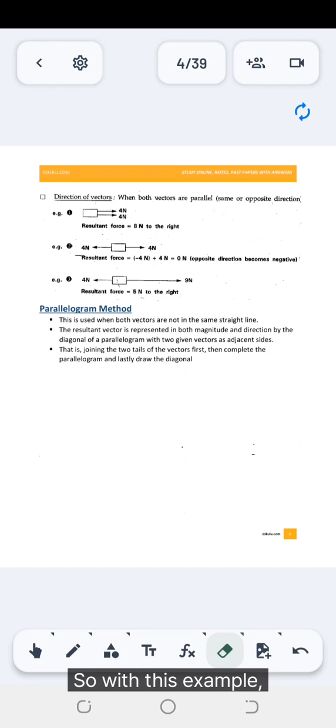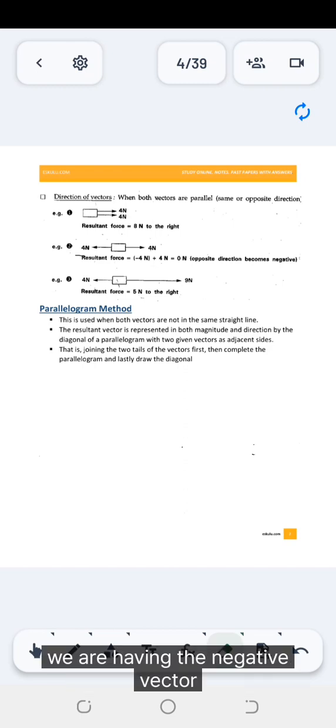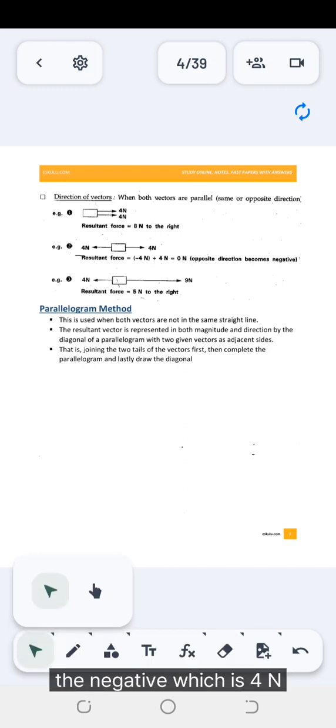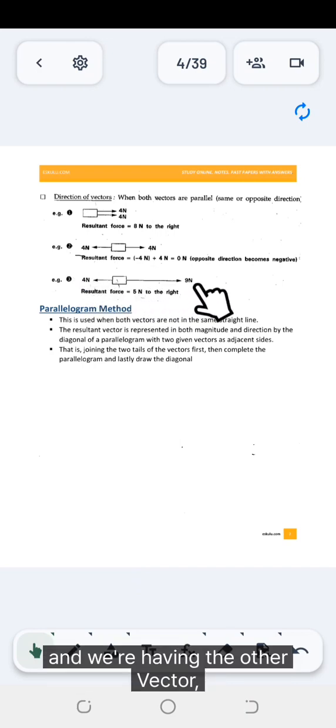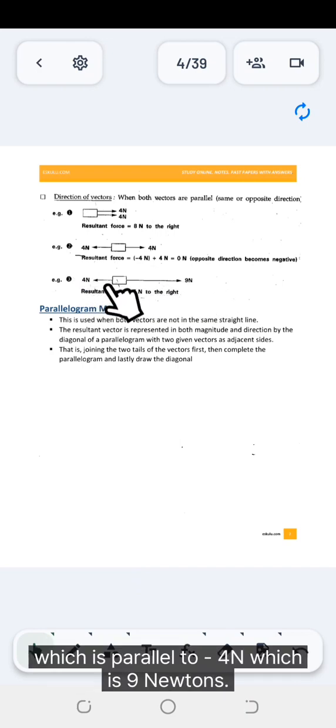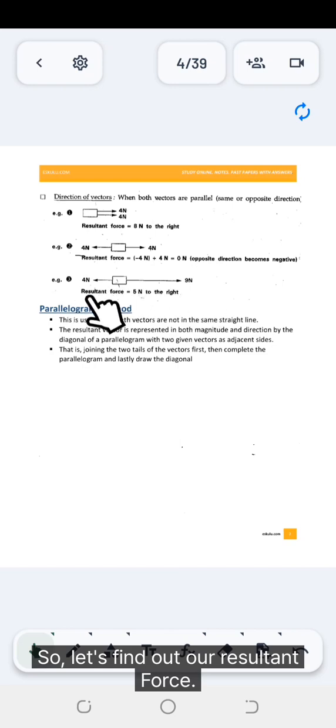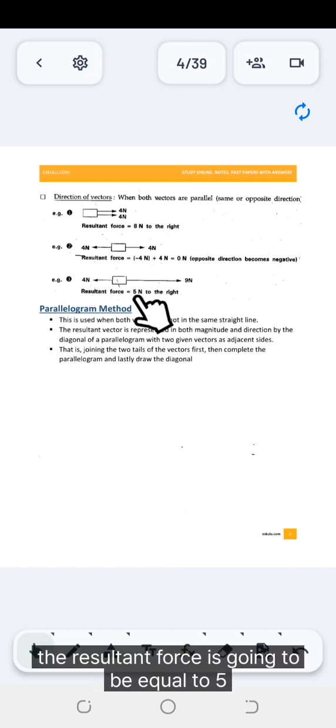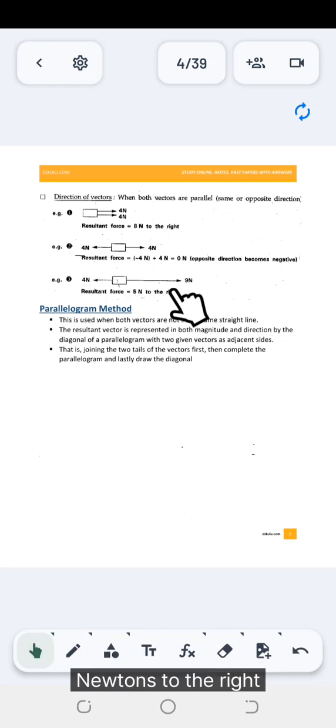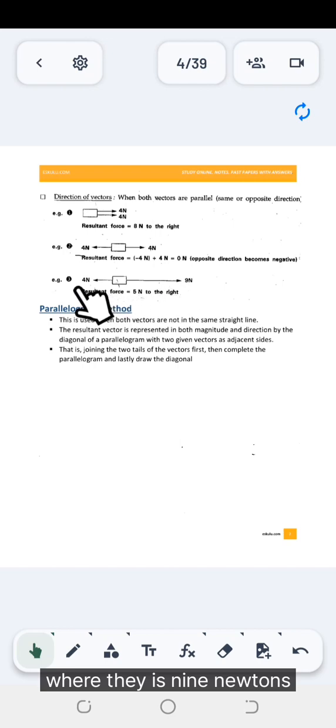With this example, we have the negative vector of 4 newtons, and the other vector, parallel to it, of 9 newtons. Let's find our resultant force. The resultant force is equal to 5 newtons to the right, where there is 9 newtons. What do we mean by this?